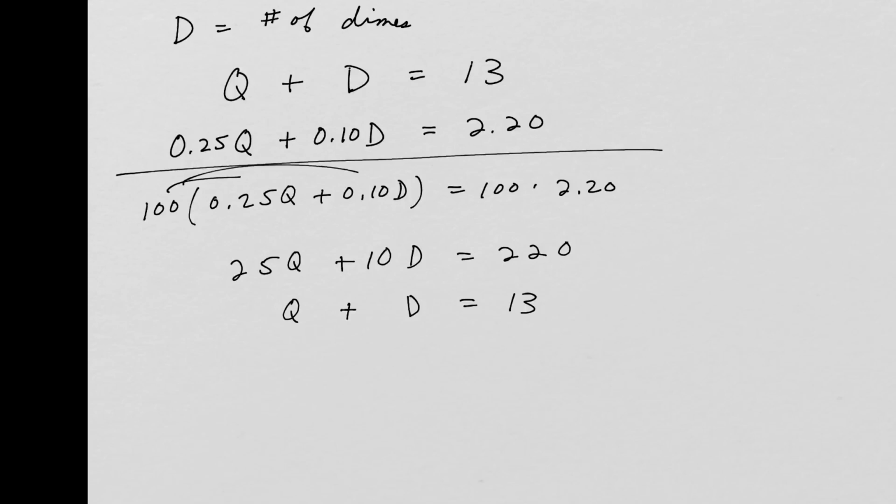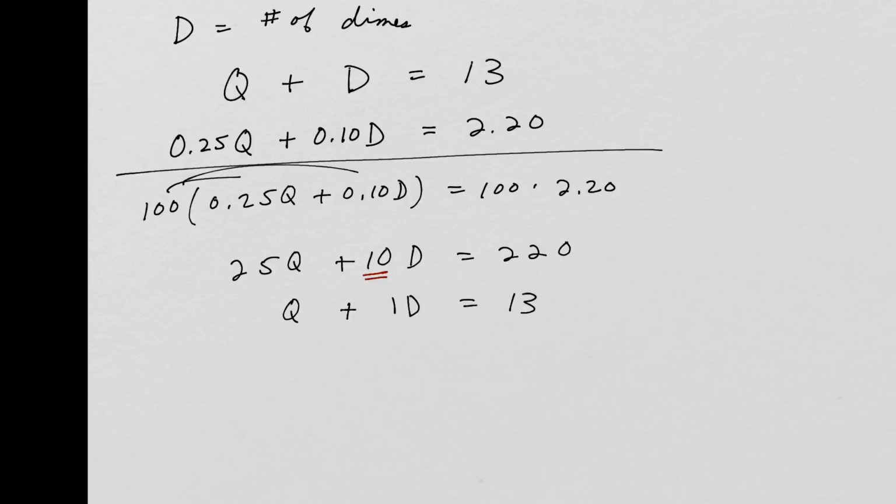Okay, now what do we want to eliminate? We could use substitution, but it's set up for elimination already. The Q's are lined up, the D's are lined up, the constants are lined up on the right-hand side. Let's say I want to eliminate the D's, just to change it up a little bit. Right now this coefficient is a positive 10, and this coefficient is just a 1.